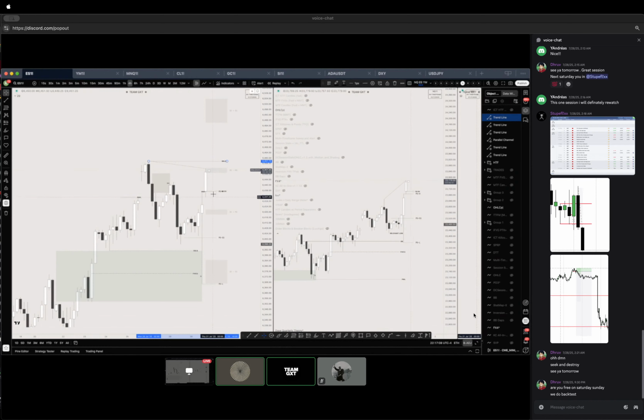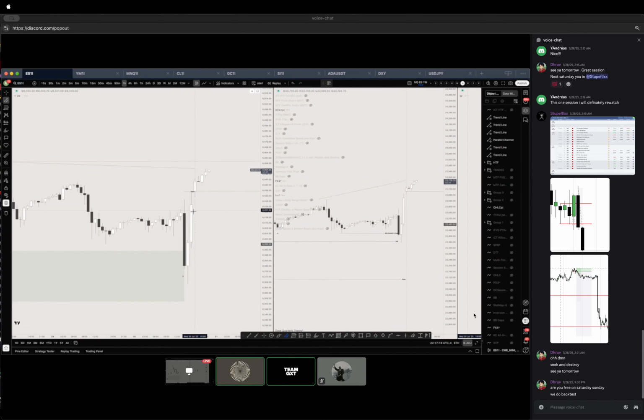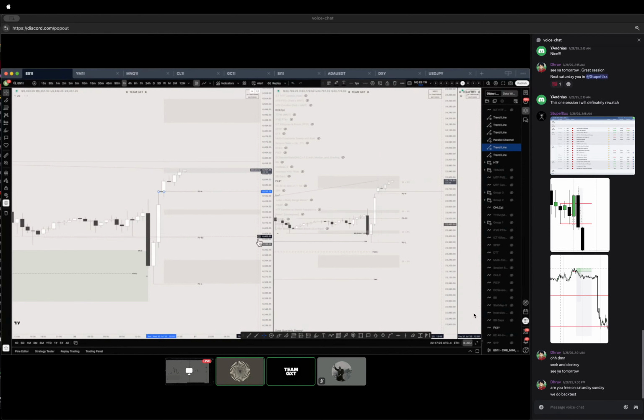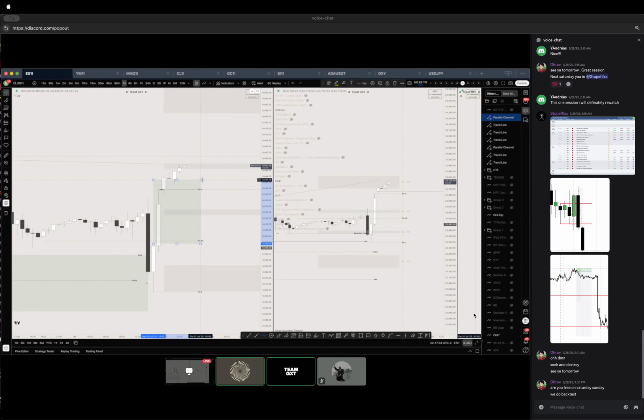But if not, we can look for obviously a pullback into, well, I'm sure we have an hourly fair value gap. We could look for a pullback into these hourly fair value gaps here. Kind of doubt that's going to happen before we take that objective, though.